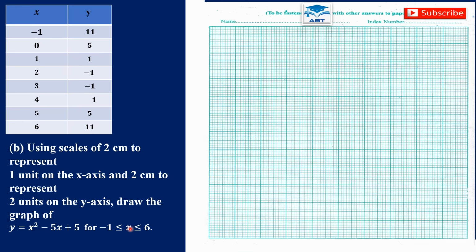X is greater than or equal to -1, but less than or equal to 6. So we draw the x and y axis. This is the y axis and this is the x axis.